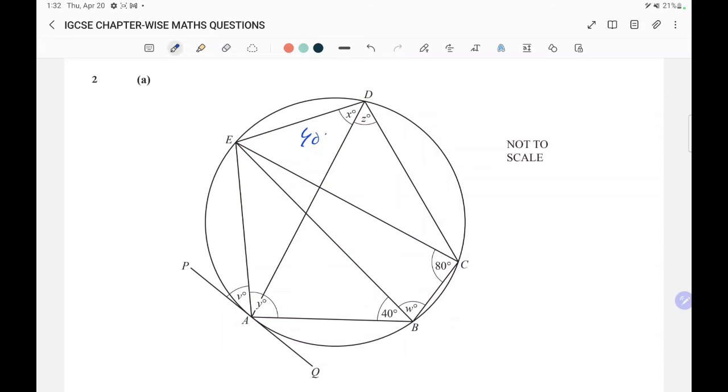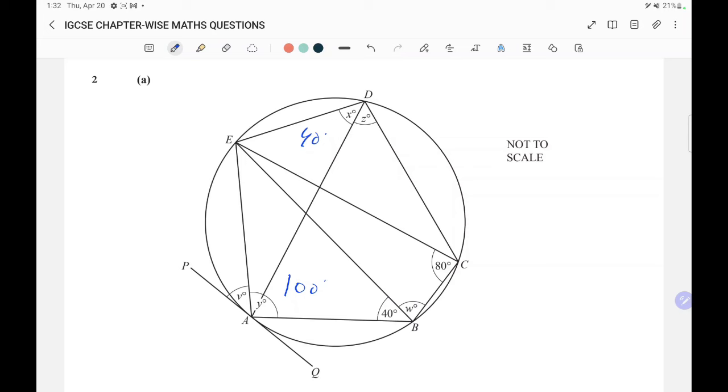Okay, next. Now this chord makes 80 degree here, but it is not forming anything over there, but it is cyclic quadrilateral, right? So if it is 80, then it should be 100. Y should be 100. Okay, so this is 100.